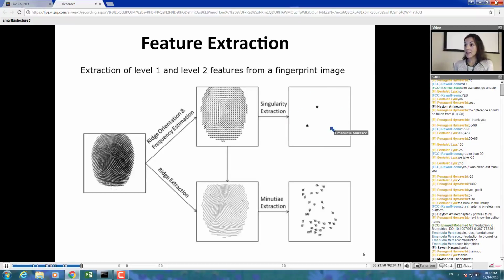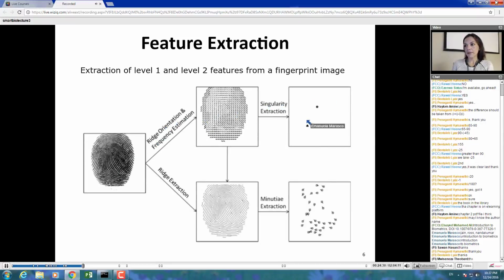In fact, we know that from this local area we can detect a loop by applying the pointer index to the orientation map that we extract here, and then the delta, right? So the delta in this local area will be detected in the same way. We know now everything about this first part until the extraction of the singularity points.